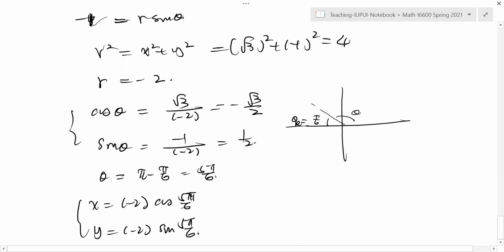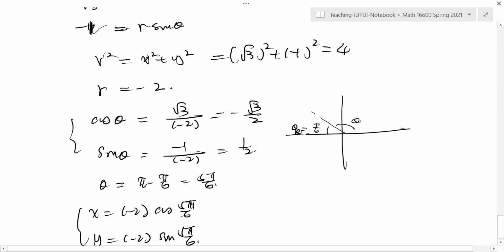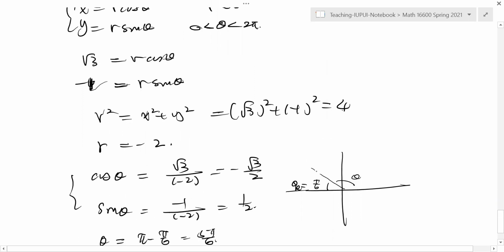How can I describe this point based on this information? Well, step 1, you determine the angle. Since r is negative, you have to go in the opposite direction, and you put the point here. So this is the point we're talking about. So (r, theta) equals (negative 2, 5 pi over 6).